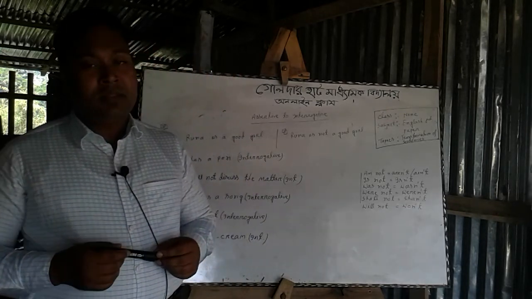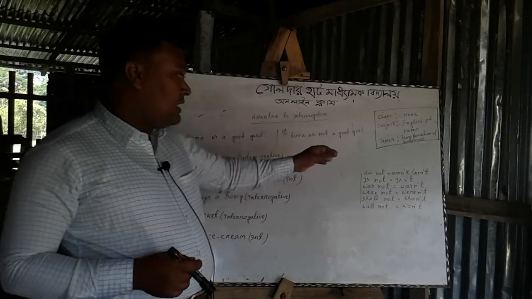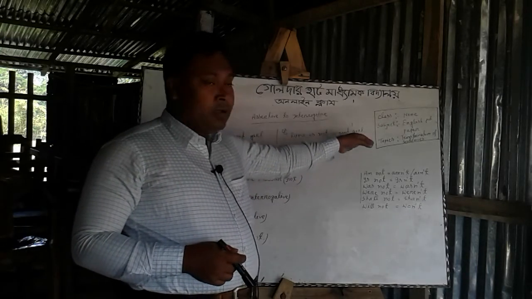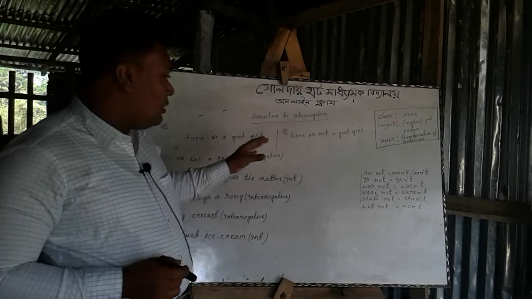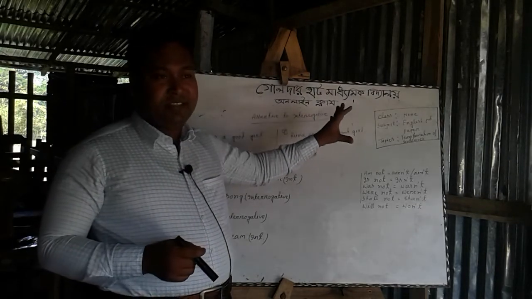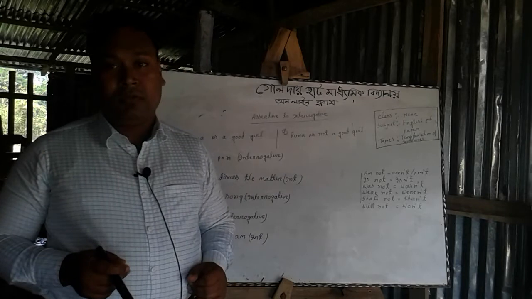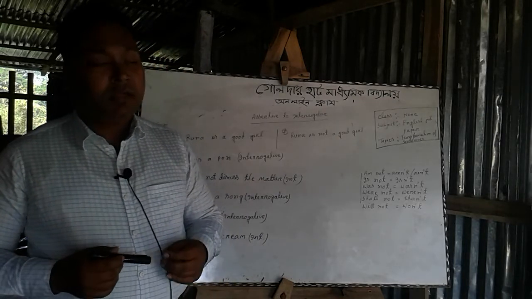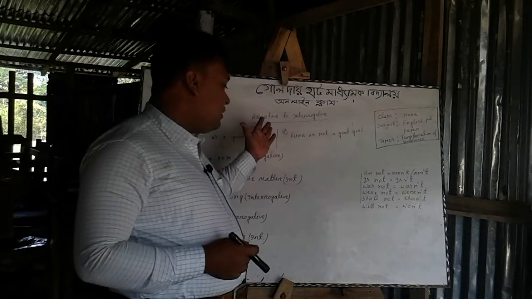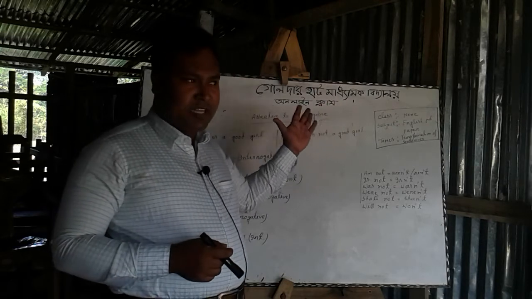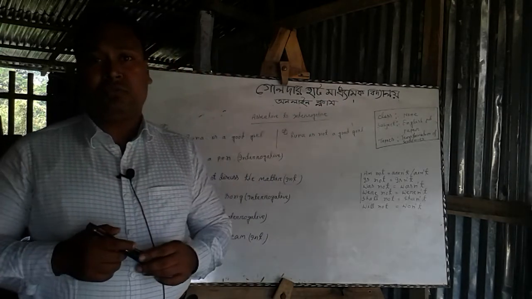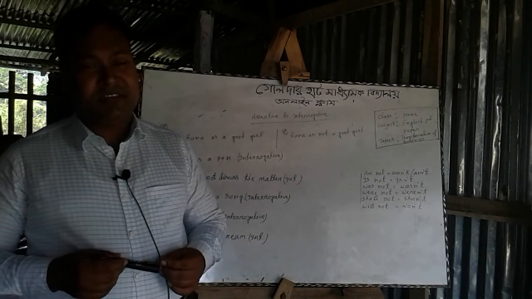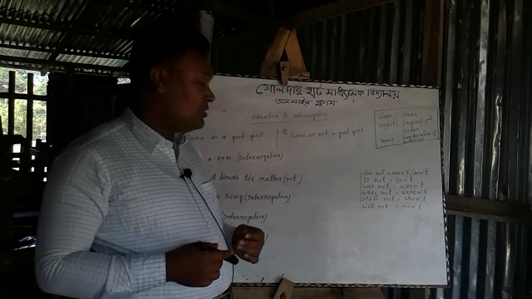So today I discuss transformation of sentence, class 9. Today I will discuss how to transform from assertive to interrogative. Before discussing how to transform from assertive to interrogative, at first we should know what is an assertive sentence and what is an interrogative sentence.